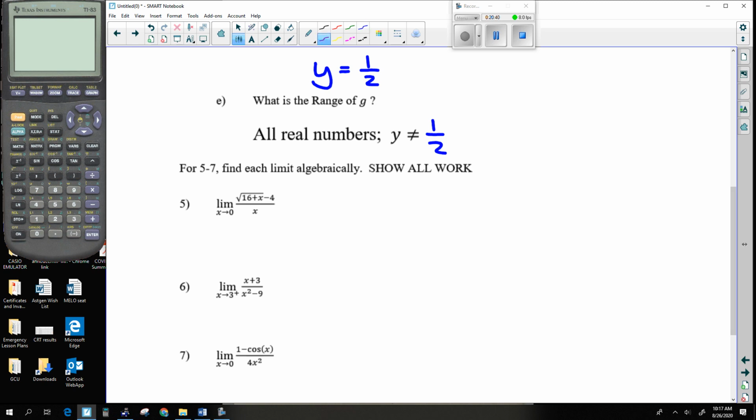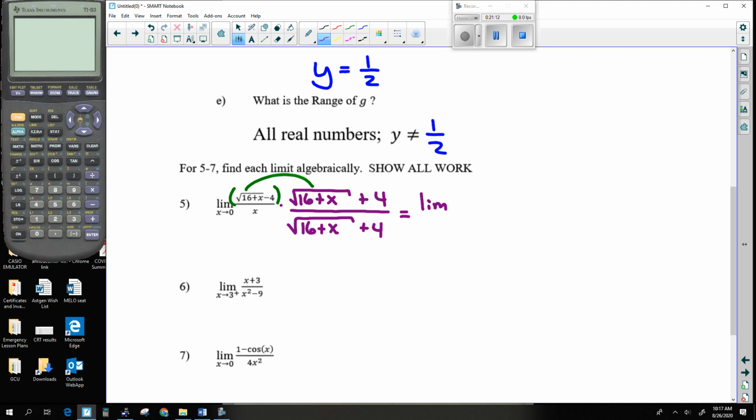All right, so we have the square root of 16 plus x, plus 4. What I'm going to have to do here is multiply by the conjugate of this, so it's going to be the same stuff, but with a plus 4. What occurs here is I'm, in essence, squaring this top, so the square root goes away.